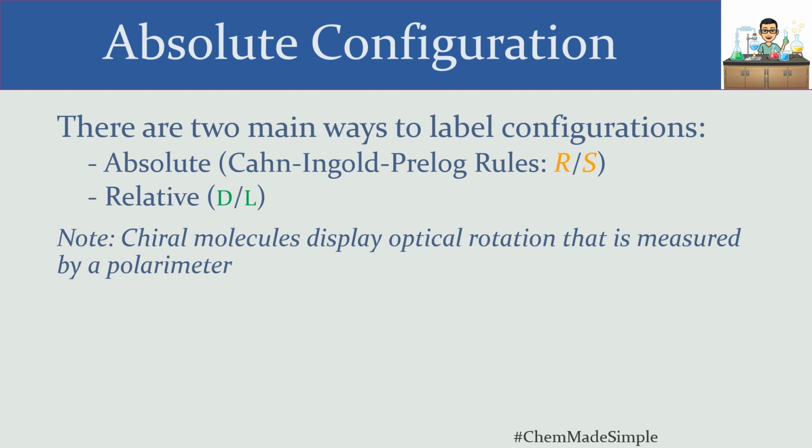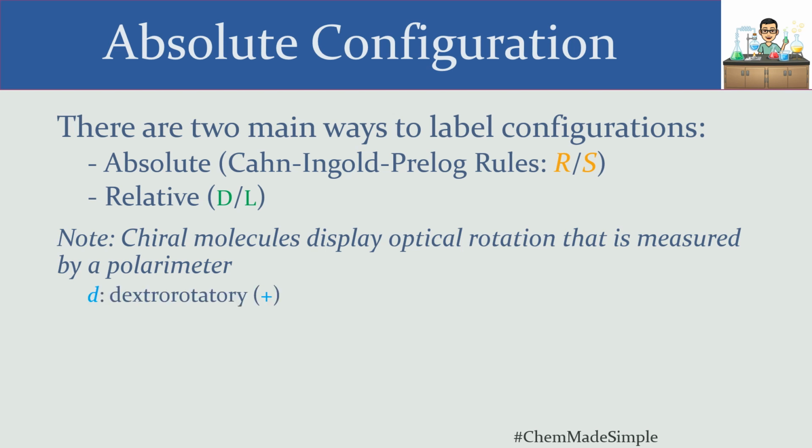So quick note before we get into the swing of things with absolute configurations, and that is that chiral molecules display something called optical rotation. They rotate plane polarized light in a particular direction, whether it's clockwise or counterclockwise, and that's something that we measure experimentally through a polarimeter.